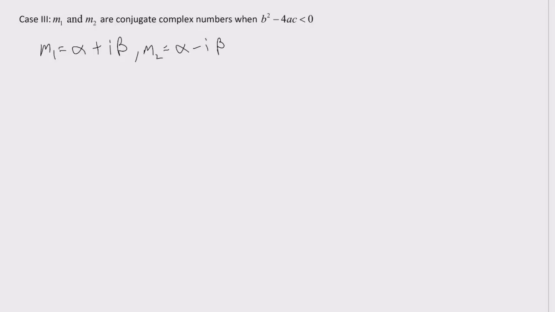So if we put that in the general format, we get y = c1 e^((alpha + i beta)x) + c2 e^((alpha - i beta)x). And then we're going to pull up a reminder of some formulas.